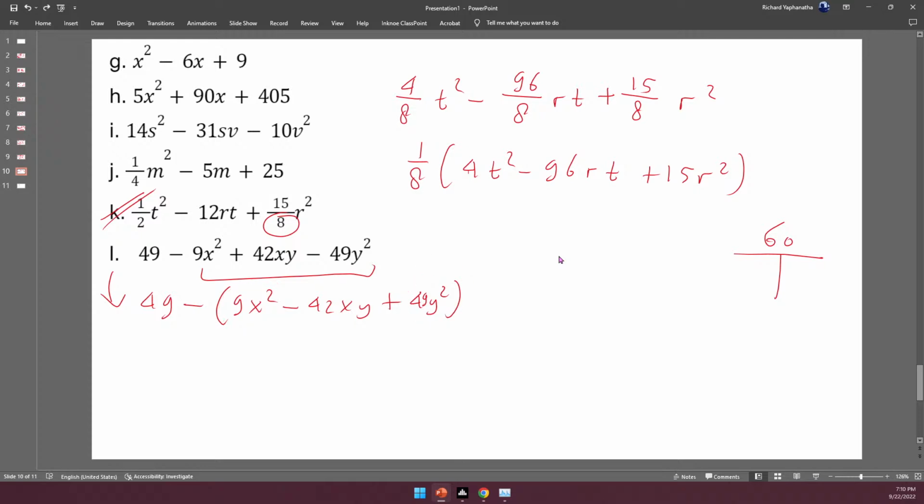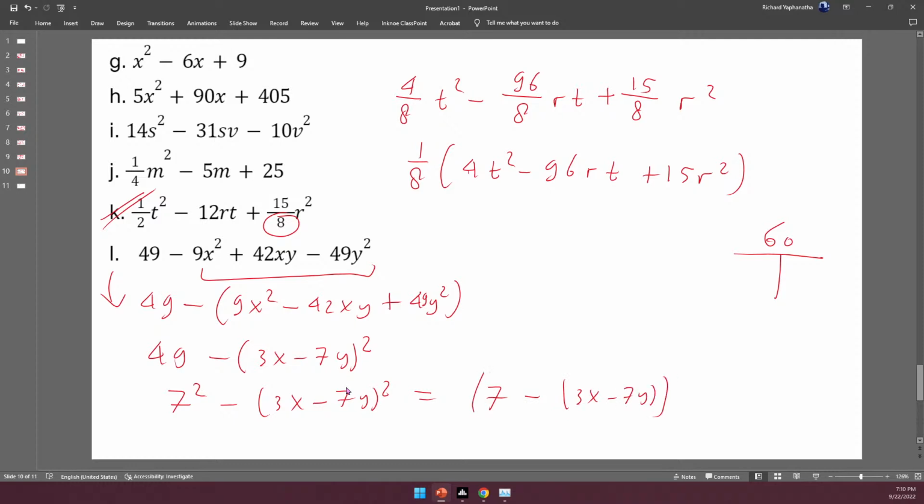Because of that, we know that it is 49 minus (3x minus 7y) squared. 49 is 7 squared. Because of that, we know that it is blah blah blah squared minus blah blah blah squared. So it will be (7 minus 3x minus 7y) and (7 plus 3x minus 7y).